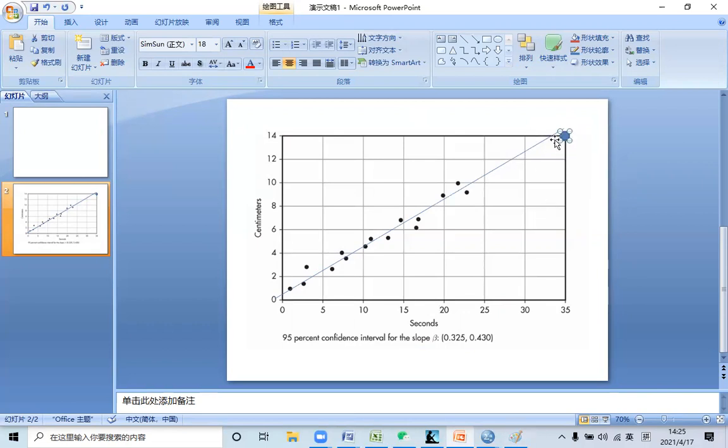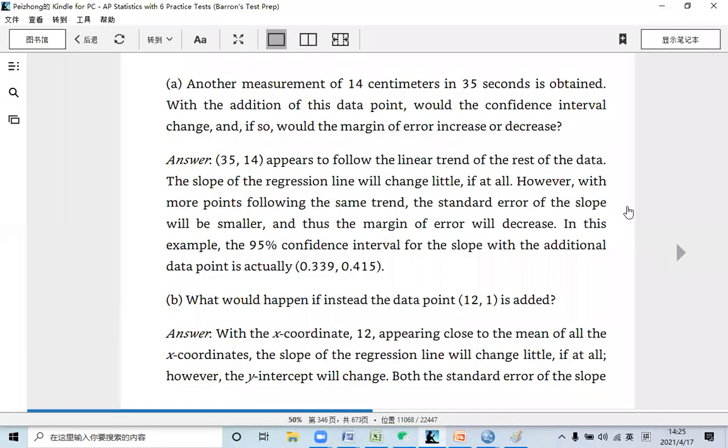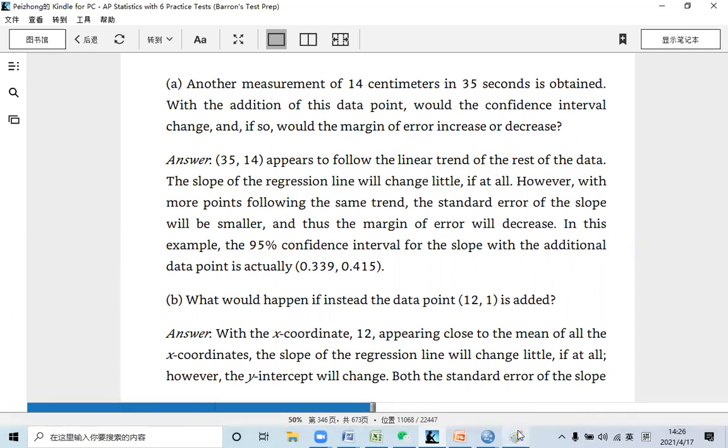If you add one more data point, the question is, will the confidence interval change? Will the margin of error increase or decrease? The slope will not change much. It's pretty much the same.